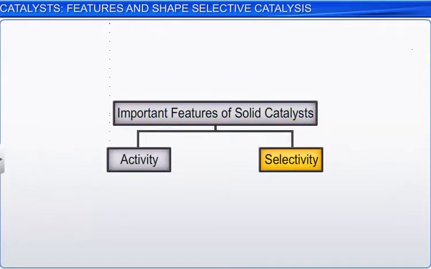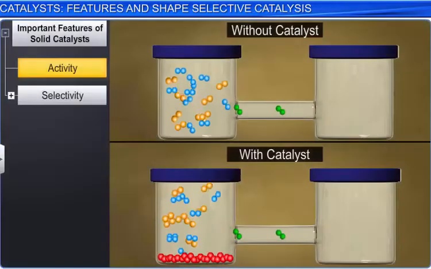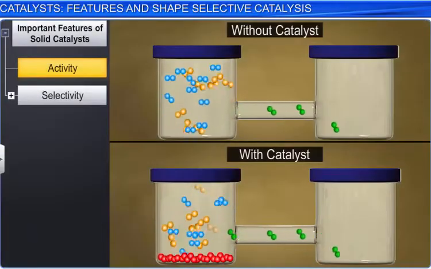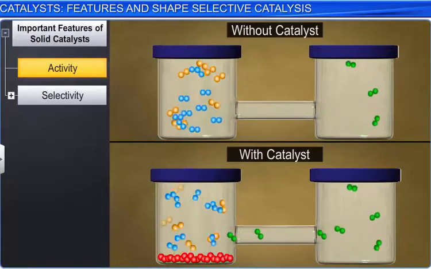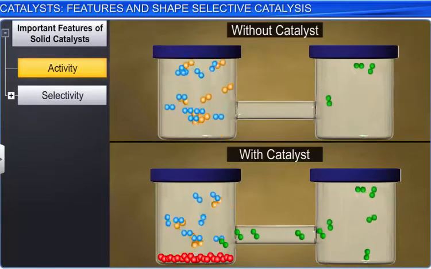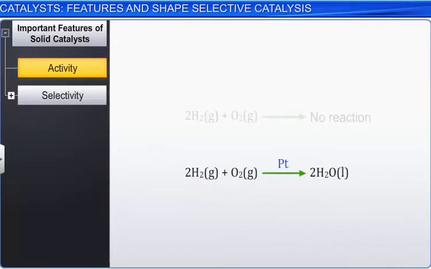Let us first discuss the activity of a catalyst. By activity of a catalyst, we refer to its capacity to increase the speed of a chemical reaction. Consider the chemical reaction between hydrogen and oxygen to form water.